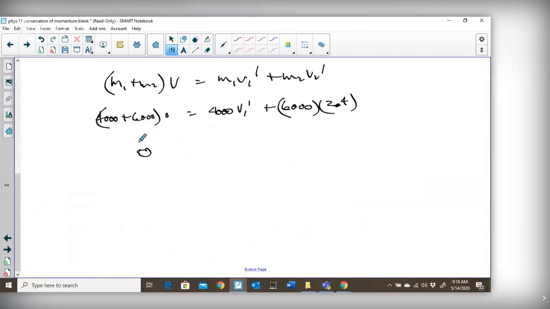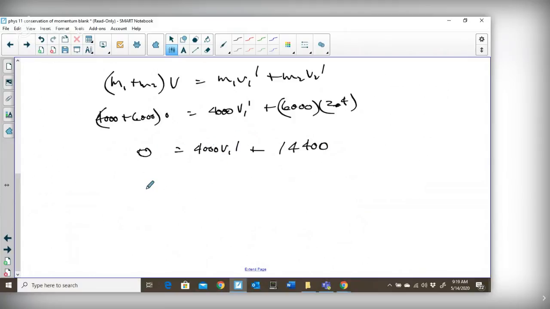A lot of times you're going to see that one side will be equal to 0. And that just means that the momentums here have to add up to 0. So that's equal to 4,000 v1 prime. So we have 6,000 times 2.4, that's equal to 14,400.